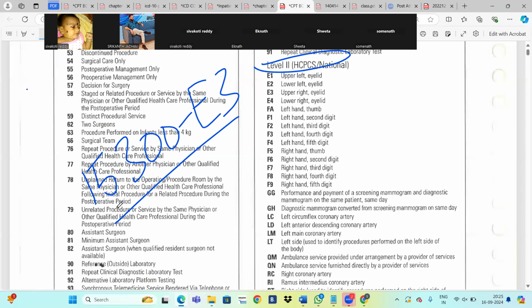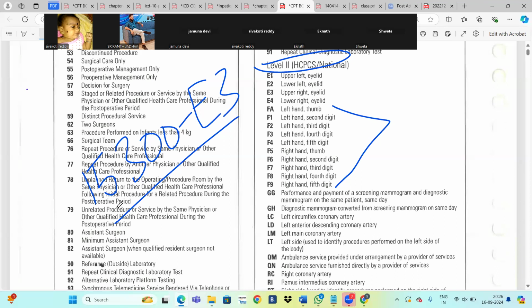So next modifiers, FA to F9. What are the modifiers? Finger modifiers. So tell me, F3 means? Left hand fourth digit.